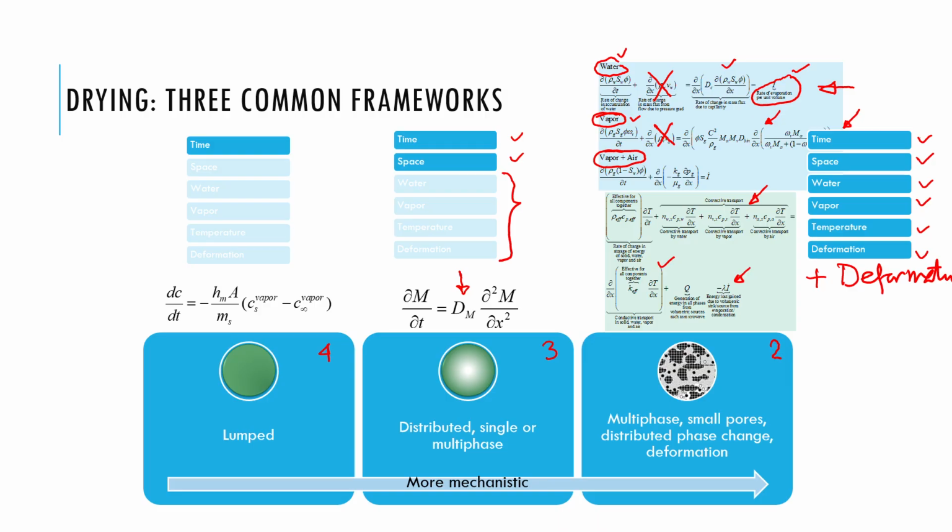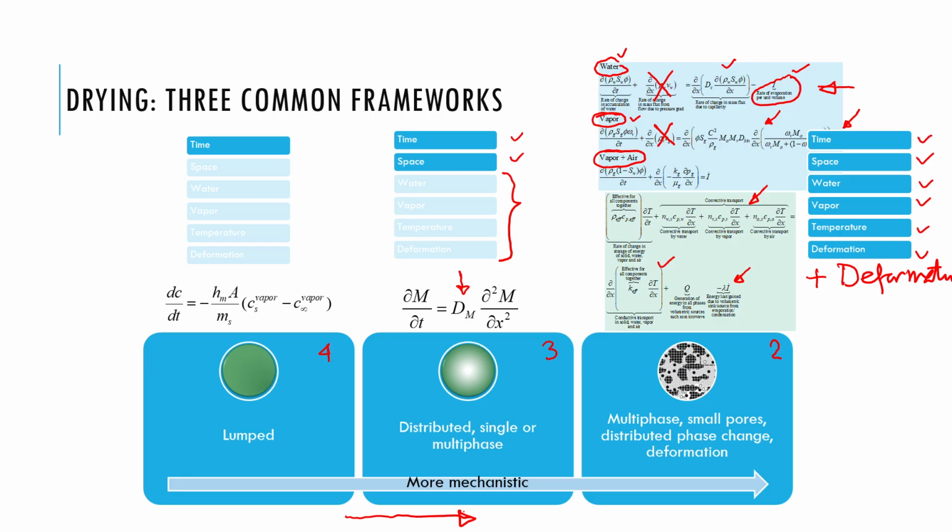So as we go from least to most mechanistic, we get increasing amount of detailed understanding, but at the cost of more computation and more data that is needed, it takes more time and so on.